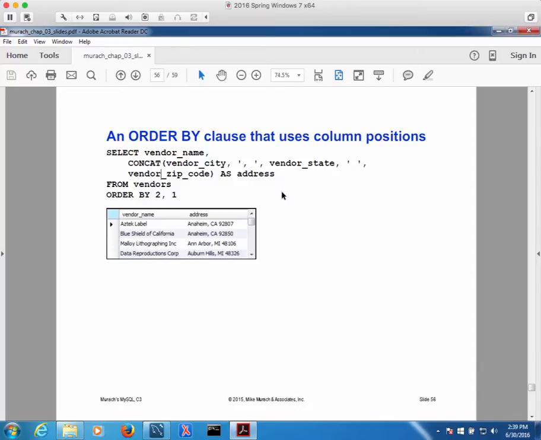Now, over time, as you maintain your database, you may add columns. Well, if you've used the names of the columns in the order by clause, you're not going to break the ordering. But if you use numbers and you have added a column towards the beginning of the table, then you're going to screw up the order bys. So you can do this, and I want you to understand it if you have to maintain it, but it's not a good coding practice.